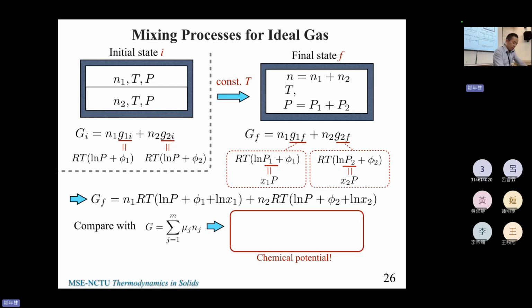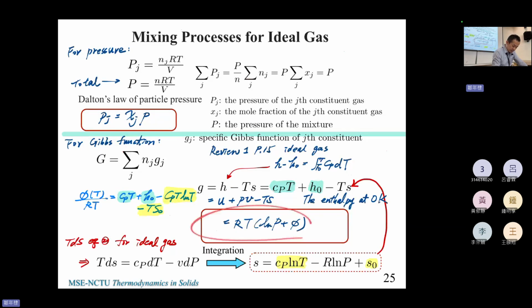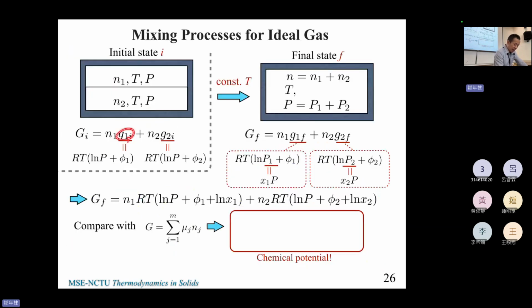We take out the wall, we're just mixing them. And you see G I equal to N1 G1 I plus N2 G2 I. We can use the equation, so G1 I and G2 I equal to this one and that one, because P is the same, temperature is the same. The only thing is phi 1 is not the same as phi 2. Okay, so this is the initial condition.